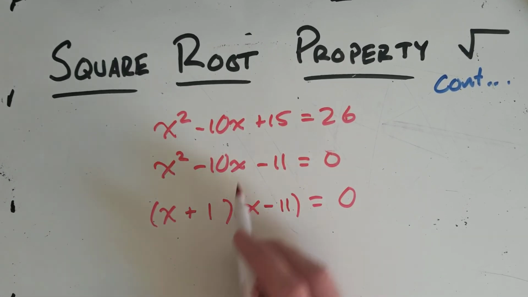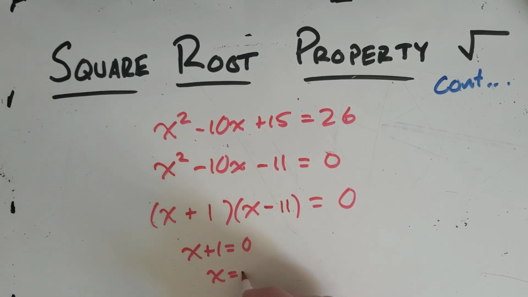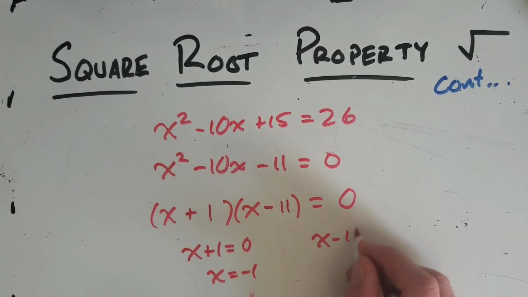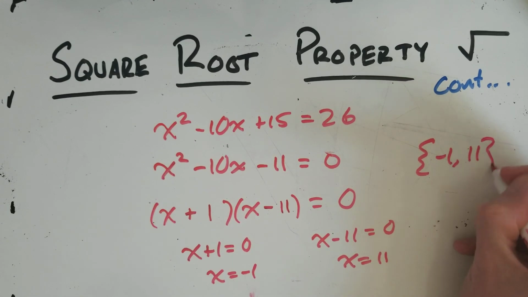So this would be the factored form, and now we have 2 binomials multiplied together to equal 0, so we have 2 cases, either x plus 1 equals 0, and x equals negative 1, or we have x minus 11 is 0, in which case x would equal 11, making our solution set negative 1 and 11.